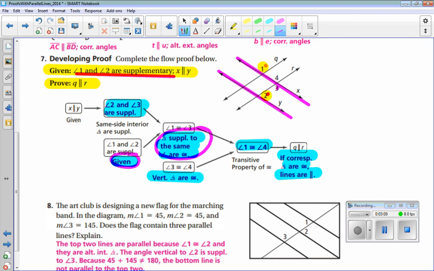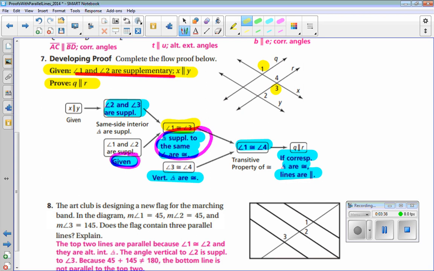This one's a little tricky, I get that maybe we didn't quite understand. If I happen to know that 1 and 3 are congruent, just looking at angles 1 and 3 right now, what kind of angles are 1 and 3? Well, we're saying they're congruent, but what kind of angles are they by name?